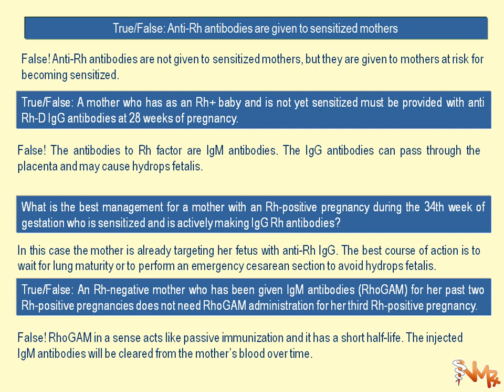Remember, IgM does not survive a long time in the body. And remember again, the immunoglobulin we use for RhoGAM is IgM. So IgM has a short half-life. The injected IgM antibodies will be cleared from the mother's blood over time, within 30 or 40 days.